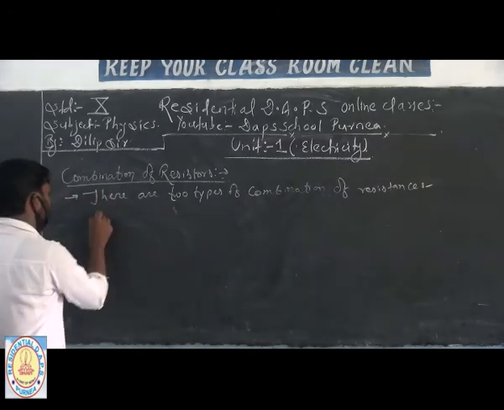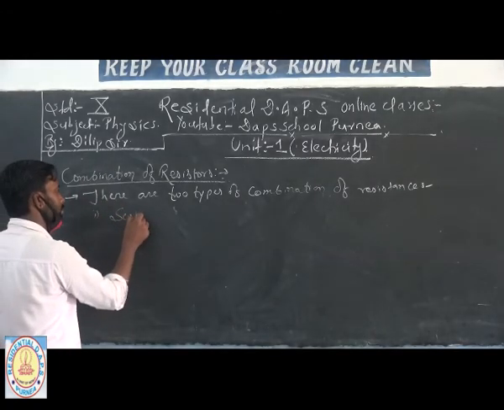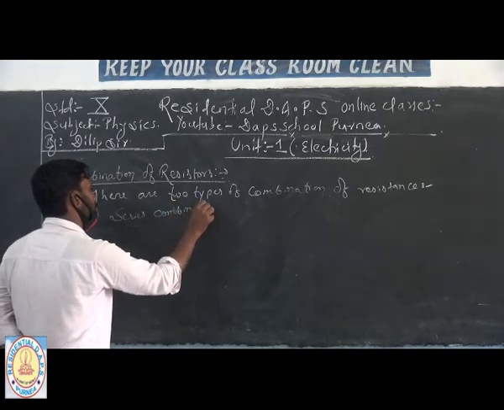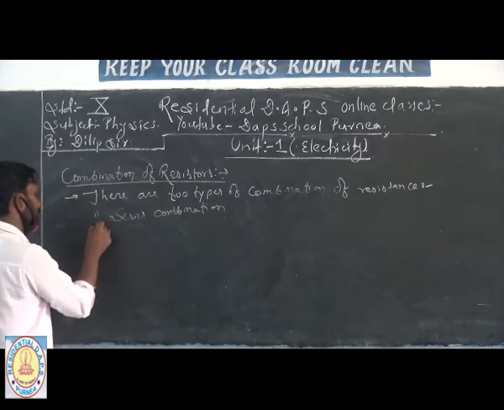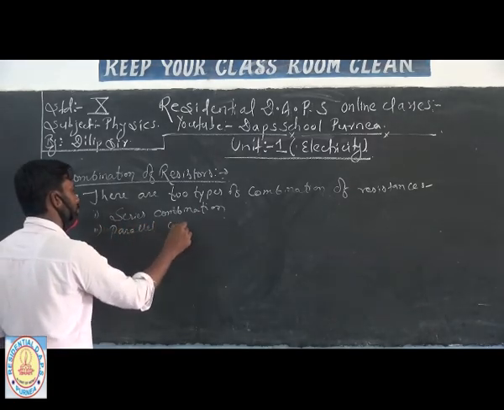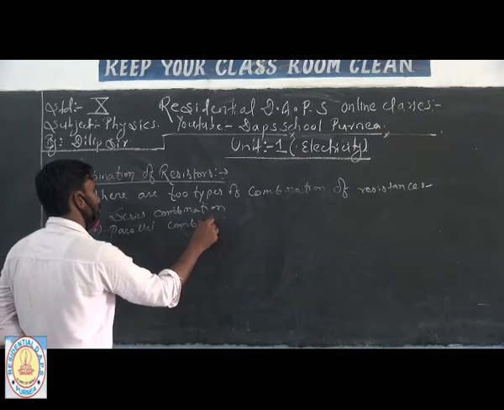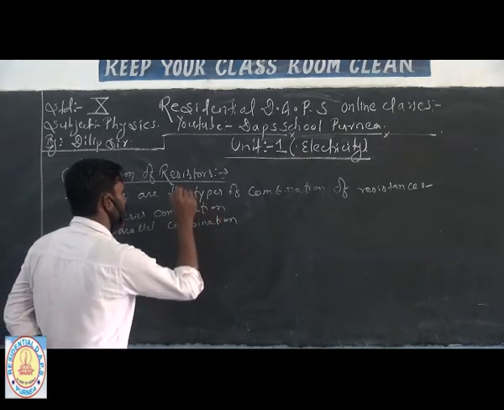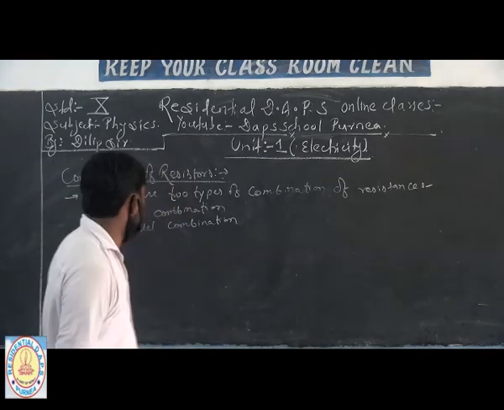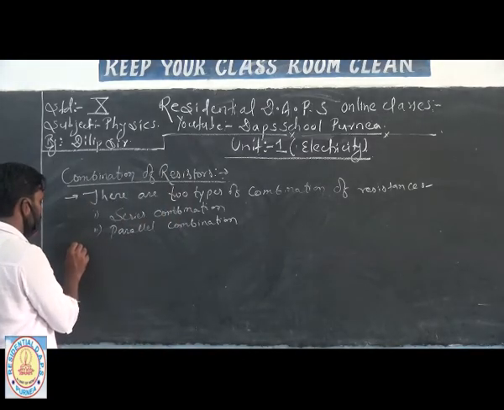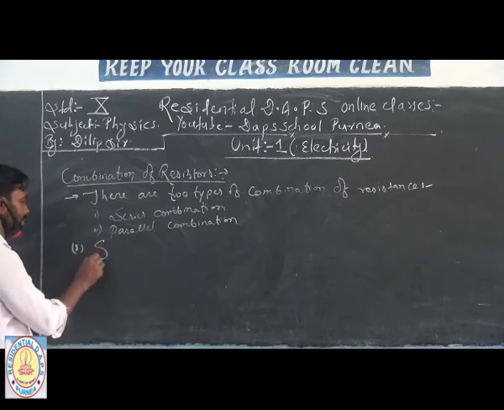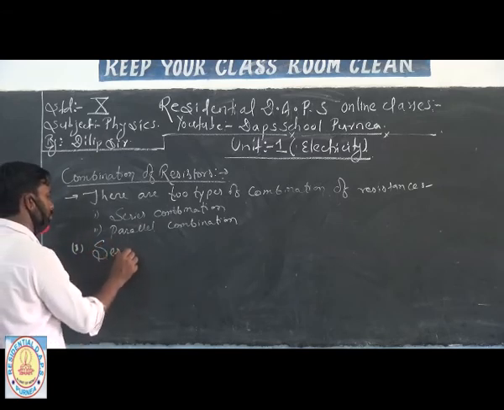Number one is series combination, and number two is parallel combination. First is series combination and the second is parallel combination. Next, we are explaining the first one, that is the series combination.